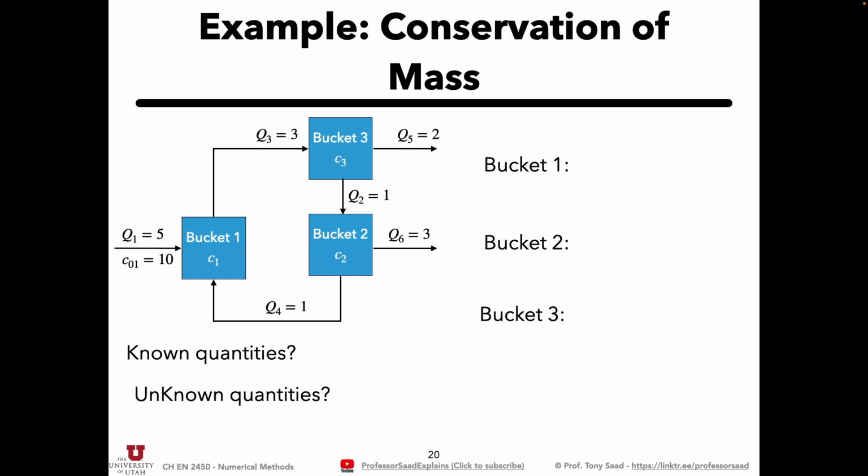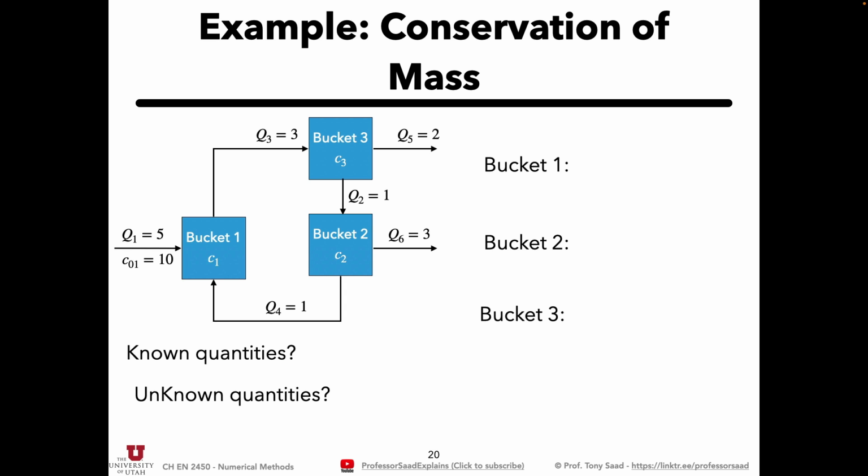And we know the following. In bucket 1, we have concentration C1. What's coming into bucket 1 is Q1 at 5 cubic meters per second and some initial concentration of 10. And then Q4, and then it goes to Q3, which is 3 cubic meters per second, into bucket 3 with a concentration of C3. And then we know the flow rates Q2, Q5, Q6, and Q4 over here. Those are all flow rates.